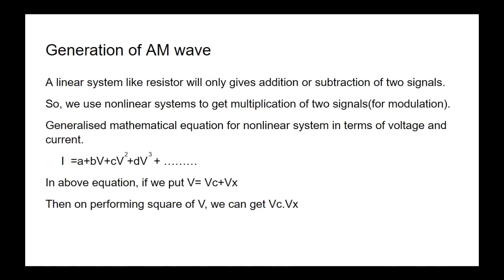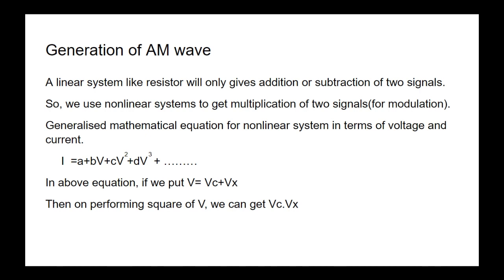The generalized mathematical equation for a nonlinear system in terms of voltage and current is I is equal to A plus BV plus CV square plus DV cube plus so on, where A, B, C, D are constants, I is current, V is voltage.